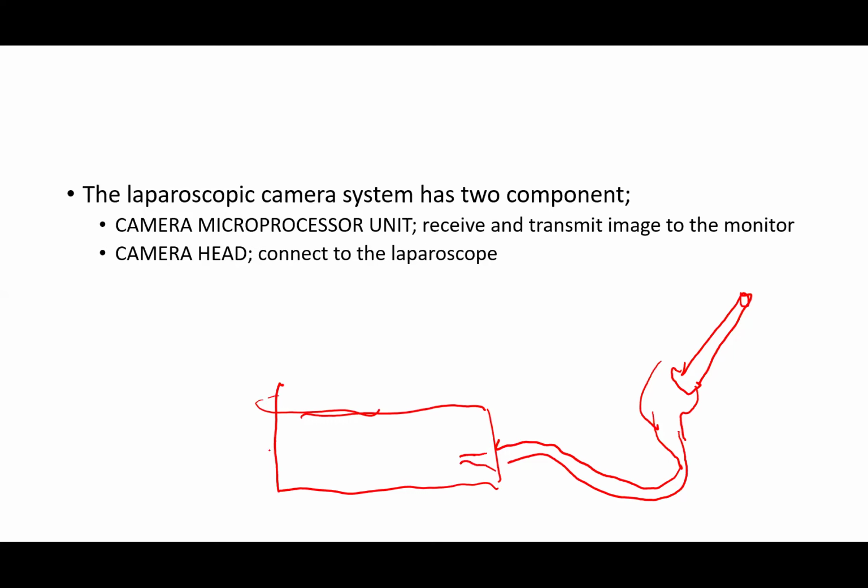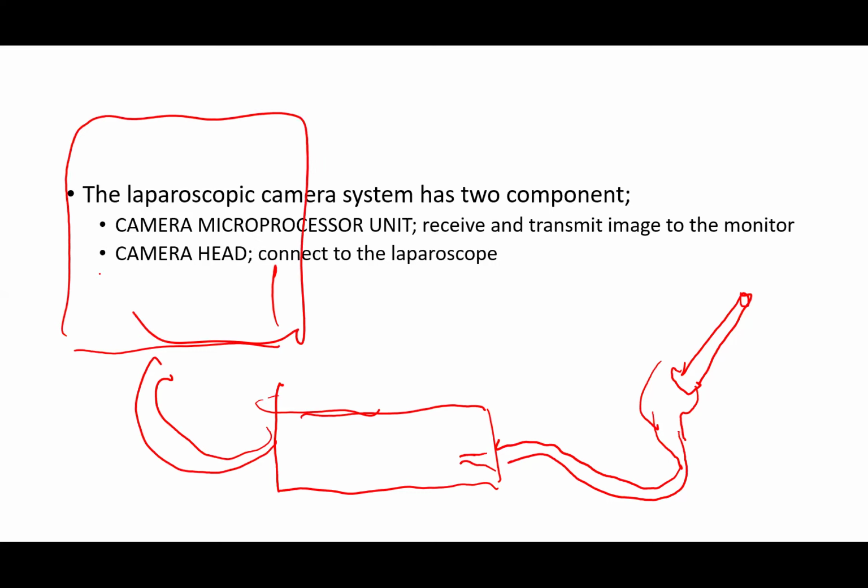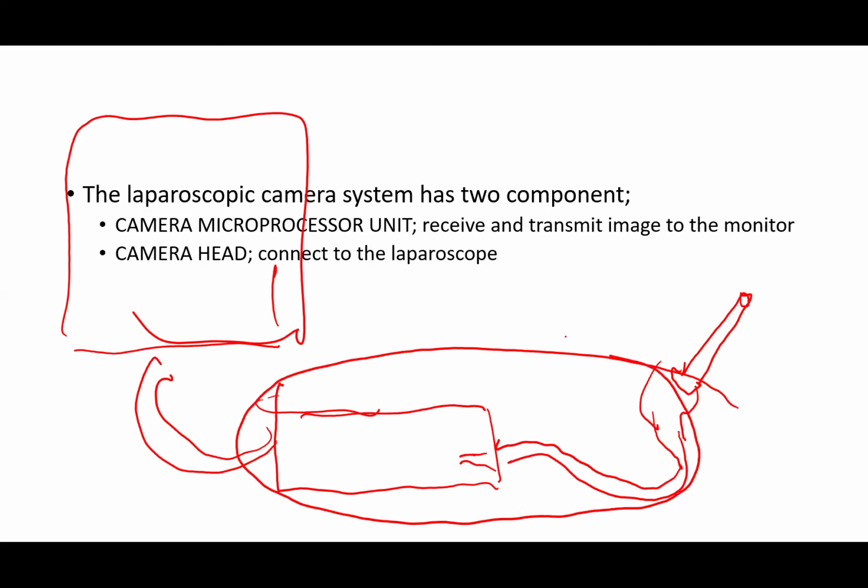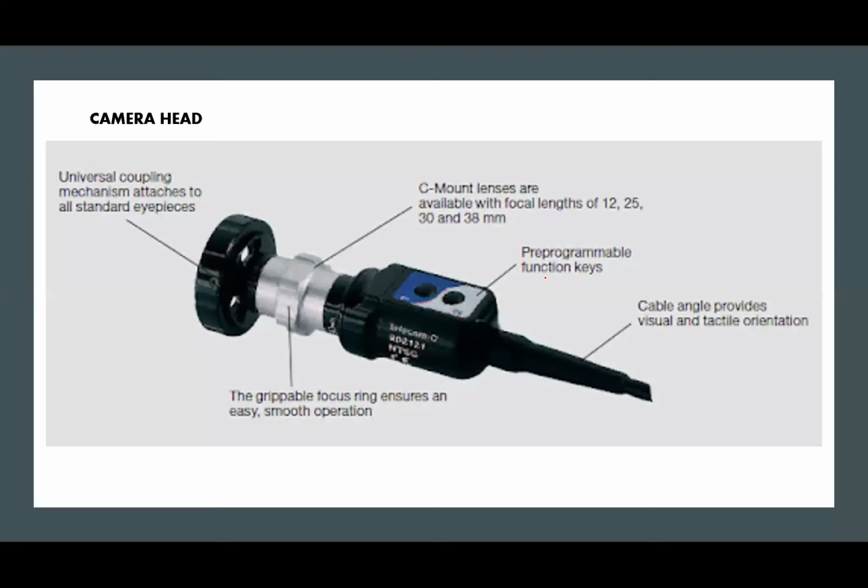And from this, it is transmitted as an image on the video monitor. So this forms the laparoscopic camera system: the camera head and the camera microprocessor unit, or the video processor unit.